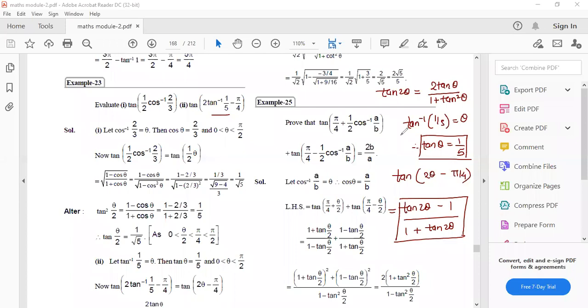Two tan theta upon 1 minus tan square theta. So will you just put down the values and get the value of tan 2 theta? And whatever value you get, subtract 1, add 1 to it, you will get the final answer. Got it, all of you? Did you get this?